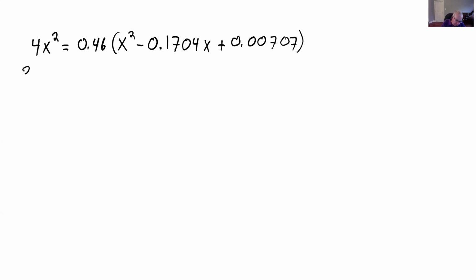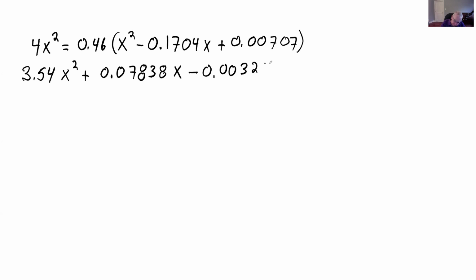Which a little bit more jiggling, and that gets me to 0.07. All of that equals 0.